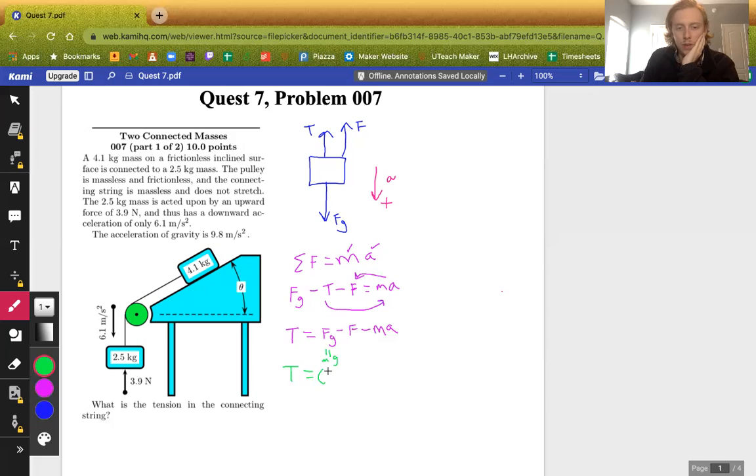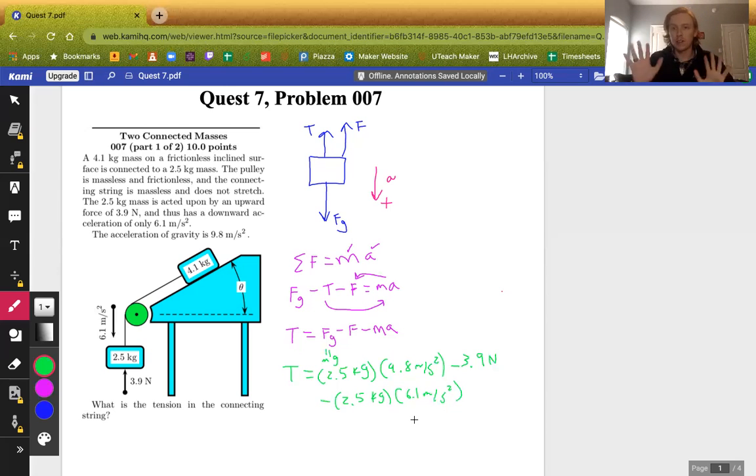So that's 2.5 kilograms multiplied by 9.8 meters per second squared, minus our applied force of 3.9 newtons, minus the mass, which is once again 2.5 kilograms, times the acceleration, which is 6.1 meters per second squared. Sorry, it's not all on one line, I just don't have room.